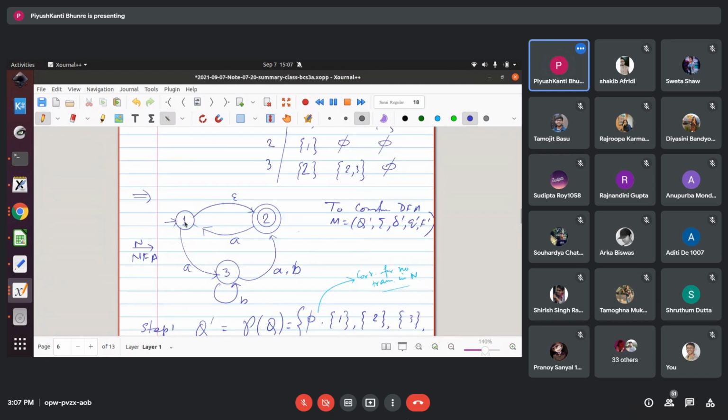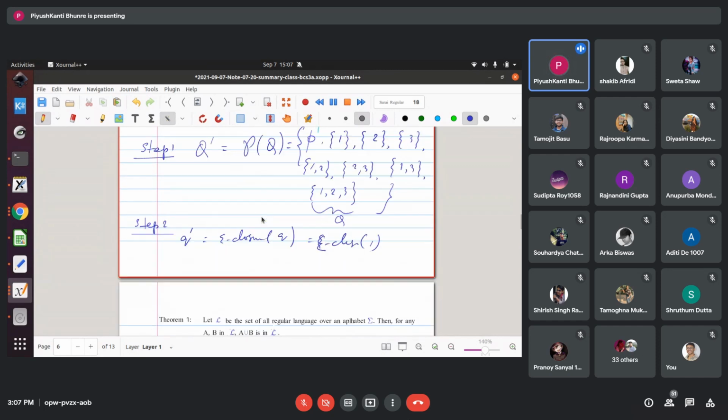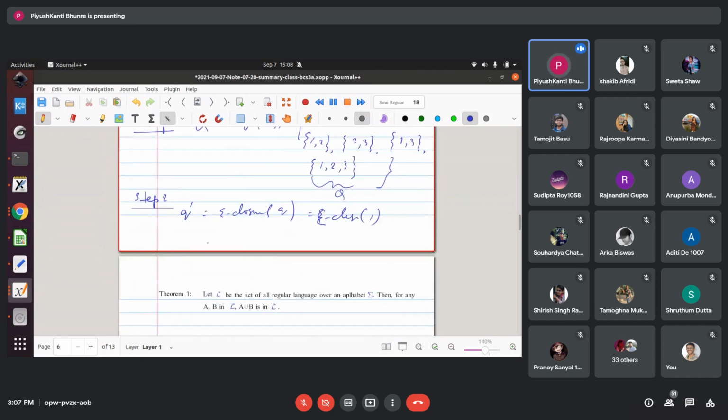What are the states that I can move to by 0 or more epsilon moves? If I don't make any moves from state 1, state 1 will remain. If I make an epsilon move, I can go to state 2. So the epsilon closure of 1 is {1, 2}, and this is our start state.